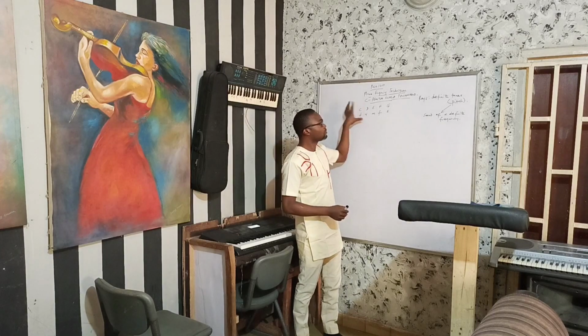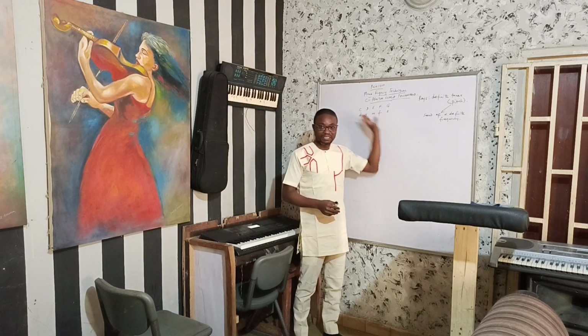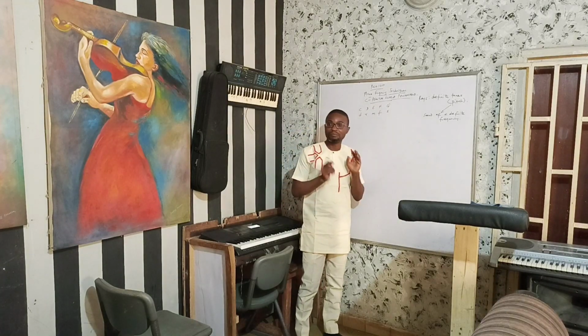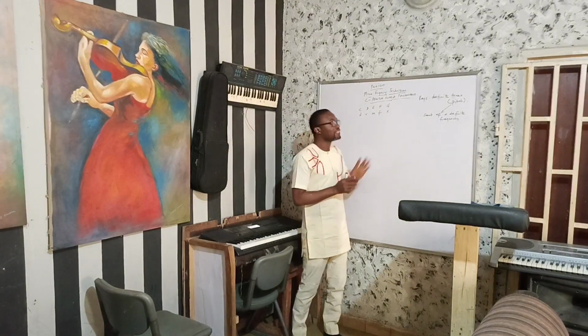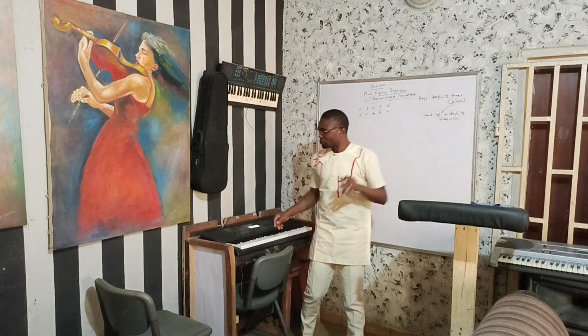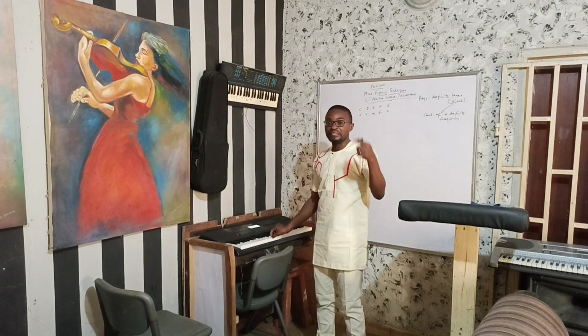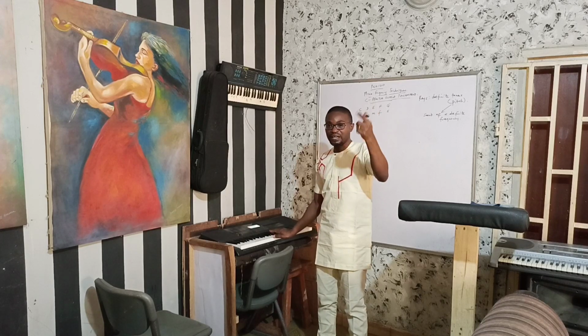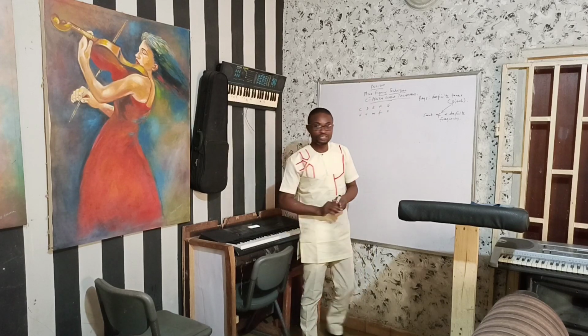So today we are just looking at the basic, the beginner technique, and that first beginner technique is the C pentascale technique. It's built on the key of C, and it just has 5 notes: C, D, E, F, G. If you rightly play it, it should give you the tone of C, D, E, F, G. That is what it should give you.